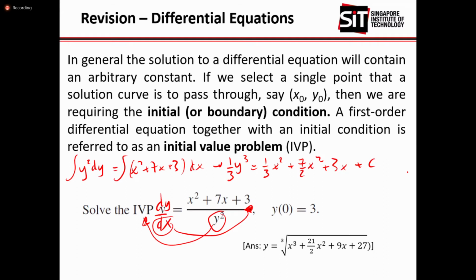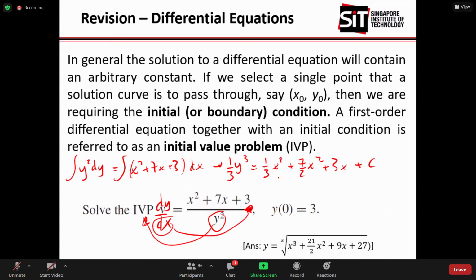So we now need to find the value of c when y at 0 is equal to 3. So this means that we need to replace x with 0 and y with 3.